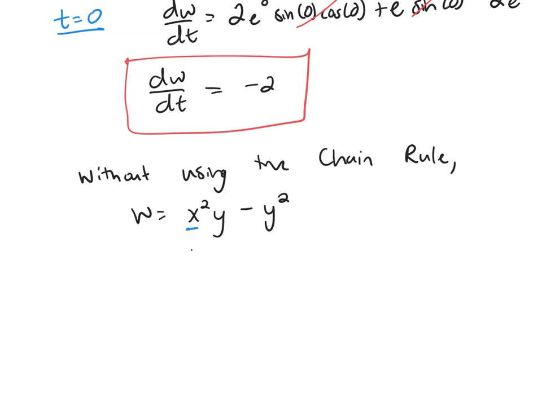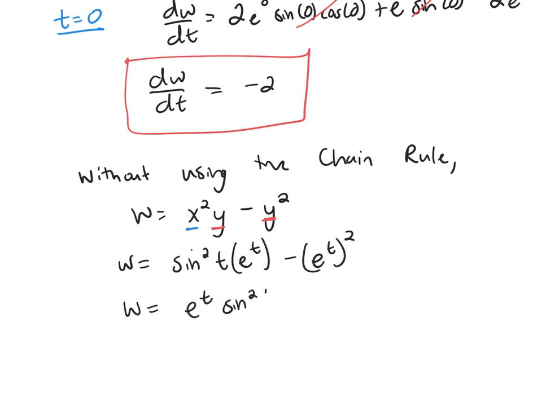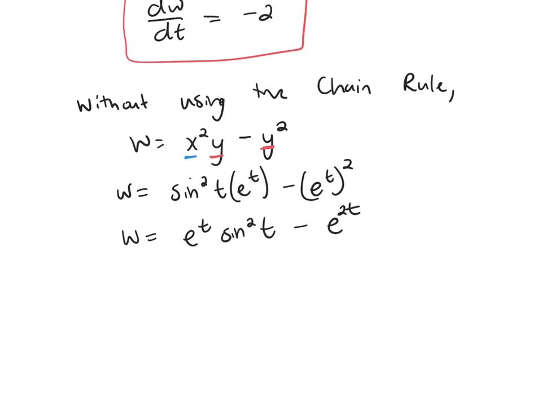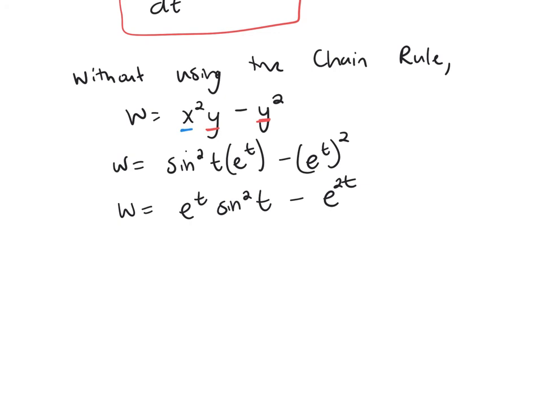So x was sine t, and y was e to the t, so w would be sine squared t times e to the t minus e to the t squared, which is e to the t sine squared t minus e to the 2t. And then w is just a function of a single variable, so for dw dt you would have had to use the product rule here.